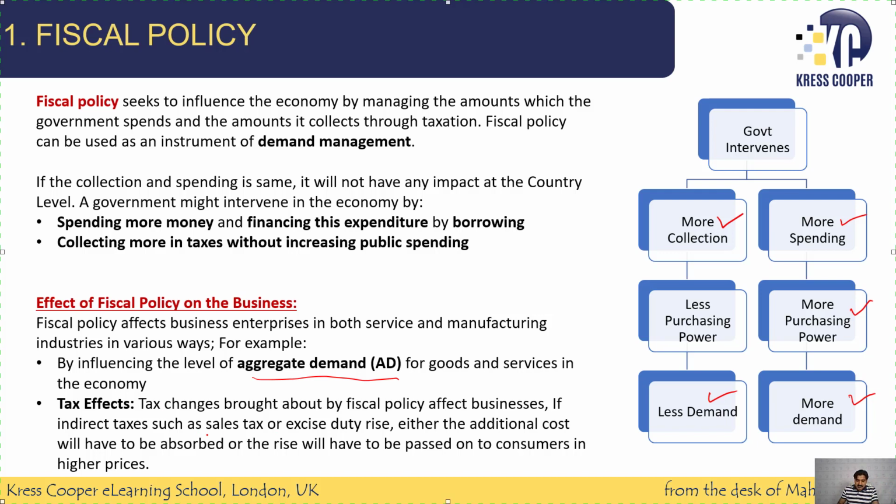Like what will be the impact of sales tax, excise duty, additional taxes? All these taxes will have an effect on the business, maybe in the form of cost, might be in the form of administrative cost, might be the businesses are absorbing the taxes, might be businesses are shifting the taxes to the end user. So ultimately it will have an impact on the businesses.